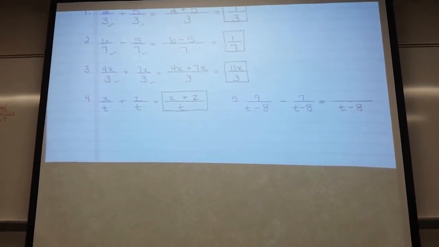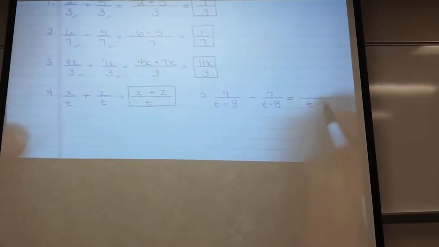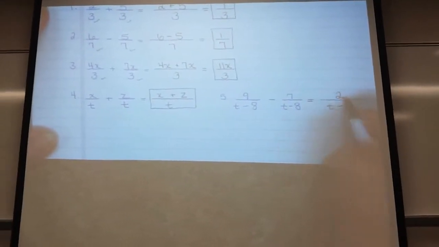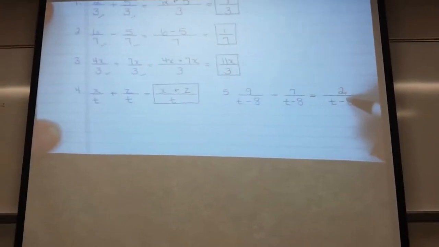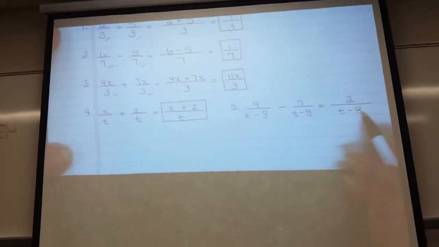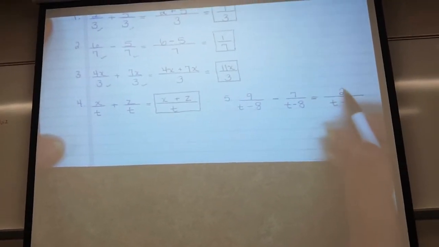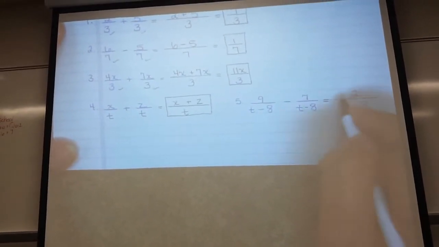What would you get when you combine the tops? 2. And you're going to leave it over t minus 8. You cannot reduce the 2 and the 8, because remember, the 8 is married to that t. You cannot cheat and go up there. So that is as far as you can get.